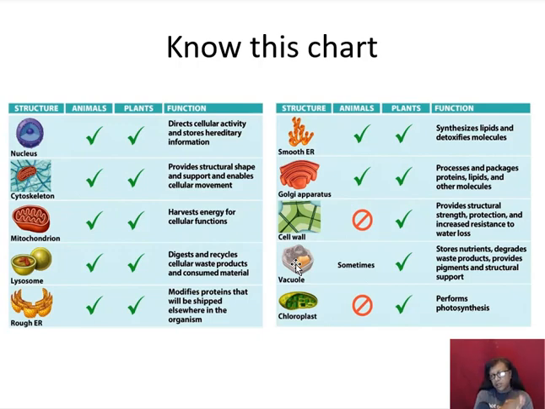Here's where nutrients can be stored, degraded waste products, different types of pigments in plants, structural support, especially in plants. Vacuoles can lend some of that. So just think of a vacuole as a storage place, and both plants and animals can have it. Plants use them the most. And then of course we have chloroplasts, which is where photosynthesis is being performed, and that's only in plants. All right, so know this chart, know what these different organelles are.